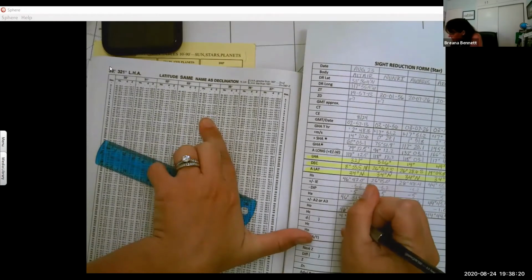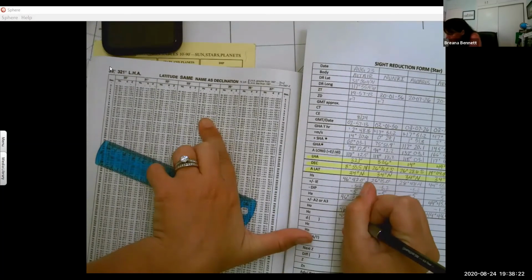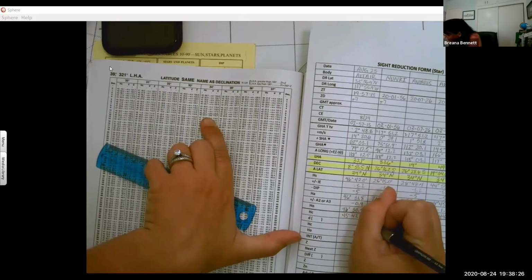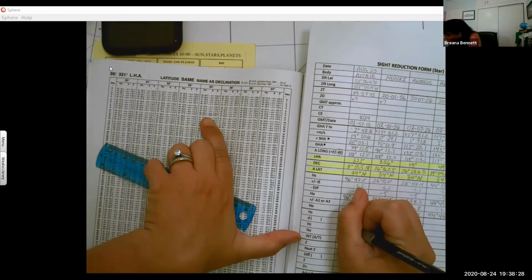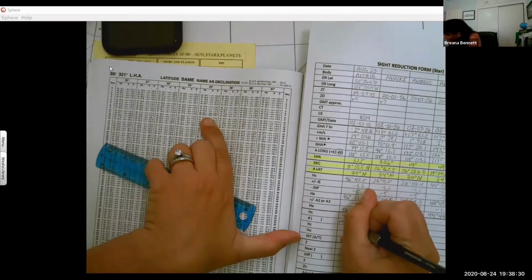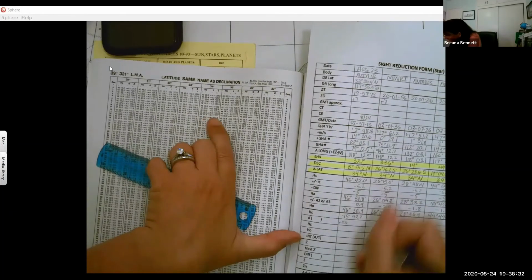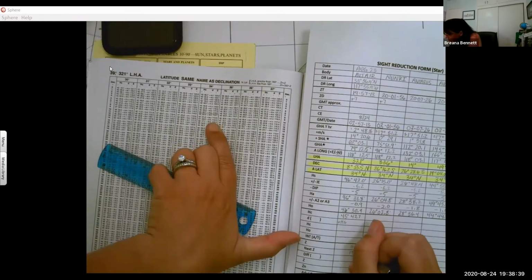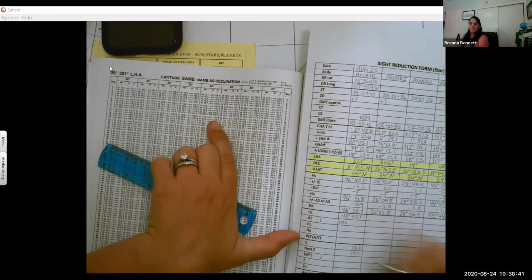We are 45 degrees, 42.7, and we are plus 39.6. We have a Z of 116.8 and 115.7. Okay.